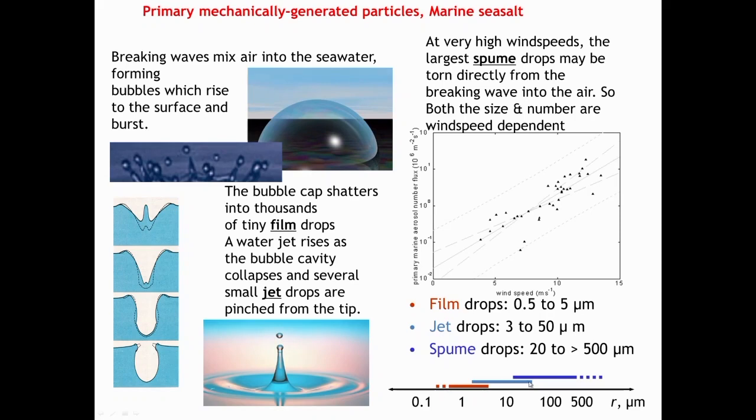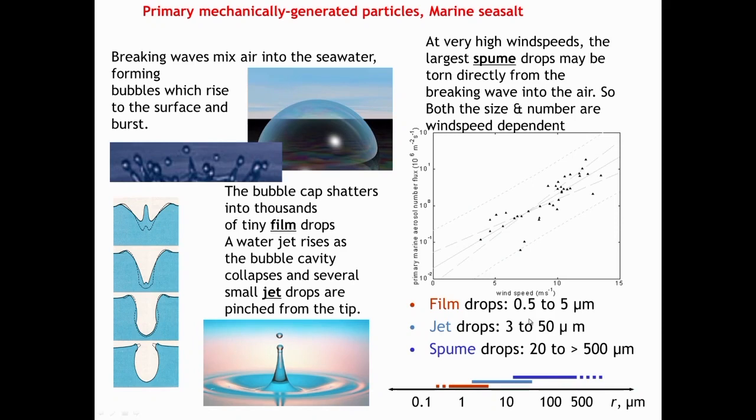The jet drops are the ones in between. They're around 10 microns in diameter. And the spume drops, they're the ones that are ripped off the top of waves. They're very large, up to about 0.5 millimetre or a millimetre or so. You can feel it when you're in very, very windy conditions near the sea. They are the spume drops.